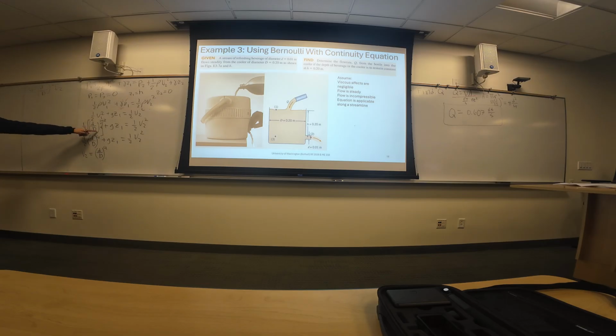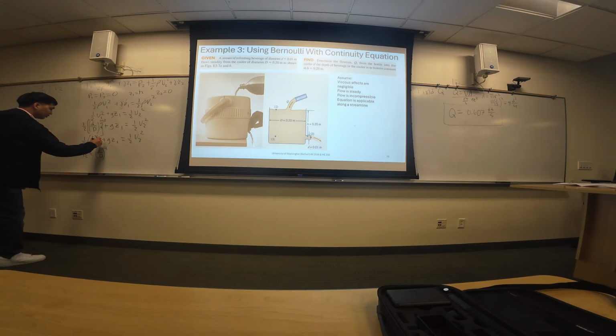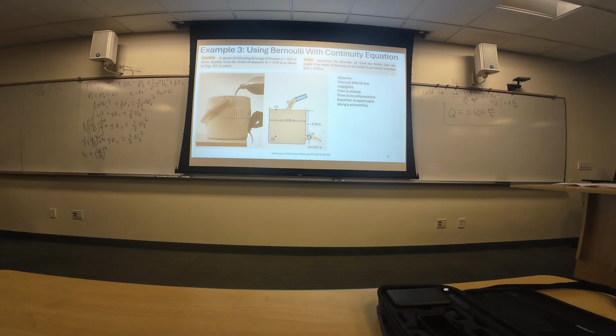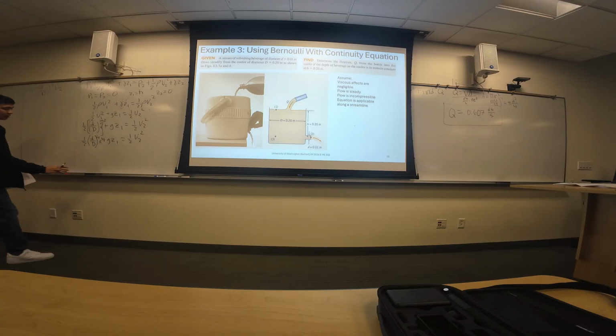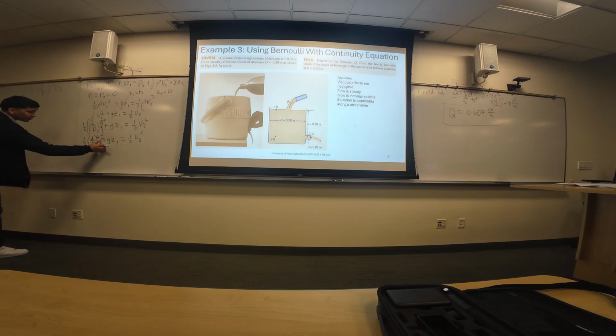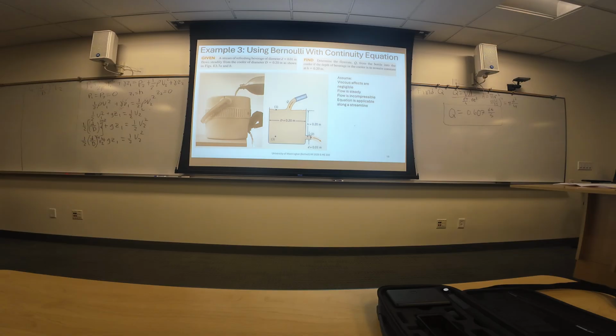So this is going to be V1 squared here. Thank you. So looks good now? Sorry, I forgot about that. Thanks for pointing that out. Oh, right, V2 squared. Sorry. Okay, looks good now?